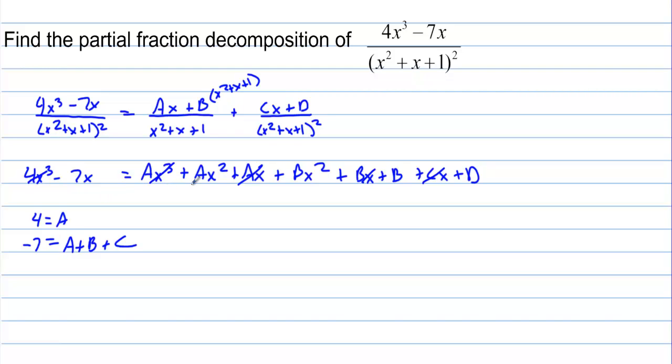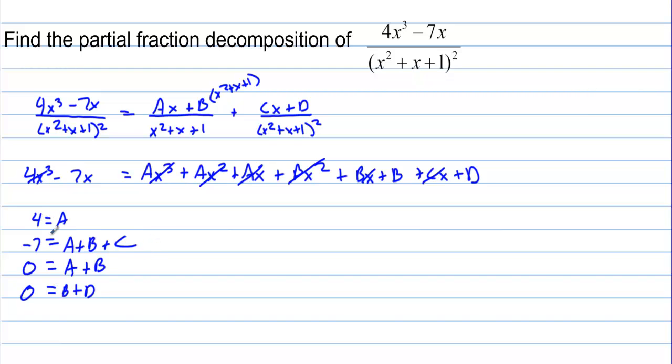Now the others, the x squared and the constants, are zeros. So 0 for x squared, that's going to be a plus b. And for the constants, there's no constant on the left side, so b plus d must be 0 also.